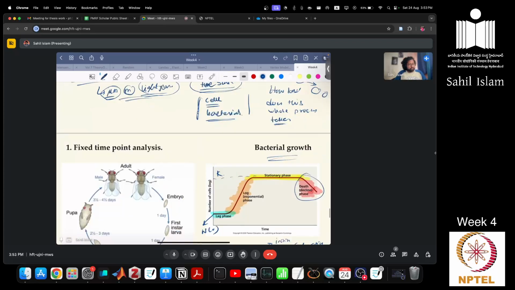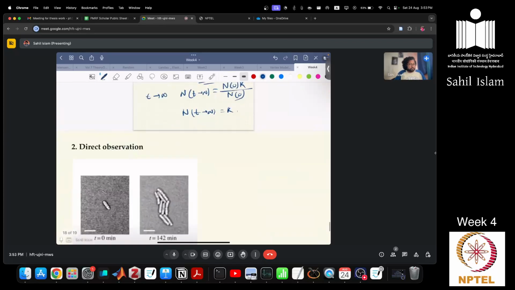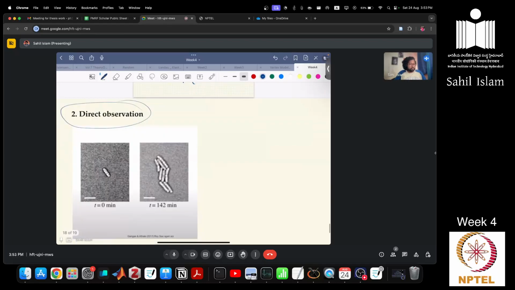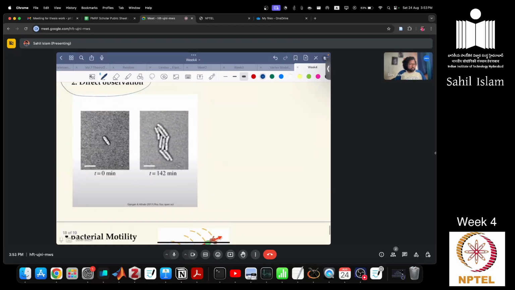So this is fixed point time analysis. Next is direct observation. In some instances you can have direct experimental observation. Let's say you had this one bacteria and you keep observing it, and you get to this kind of colony formation.